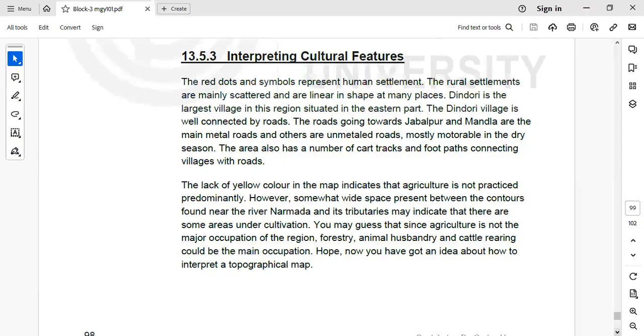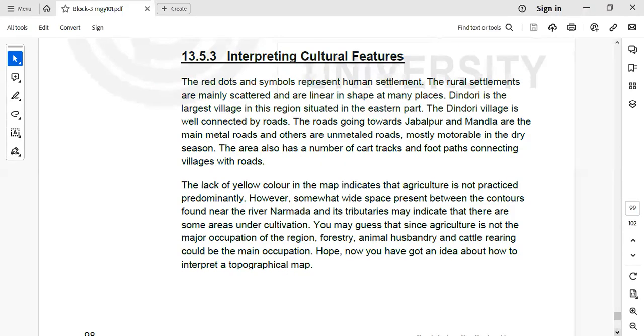So learners, today I discussed the basics of mapping. In this session, I discussed various aspects of the basics of mapping, like the geoid, which is a reference plane used for measuring the height of an object above the mean sea level, and this geoid coincides with the mean sea level.